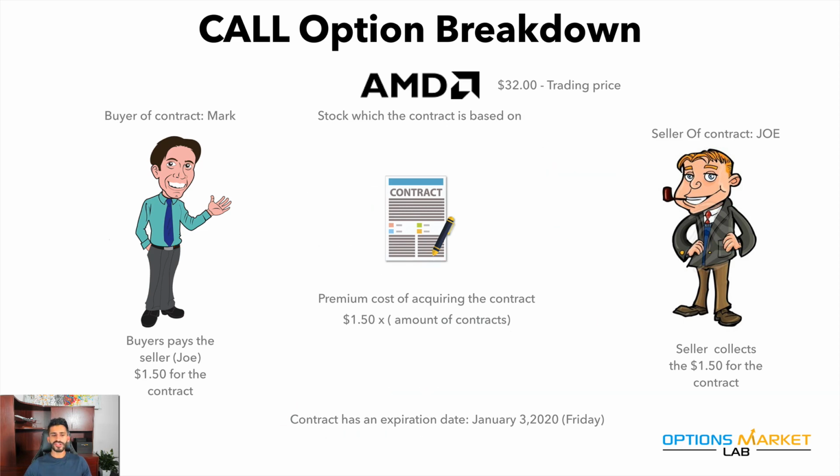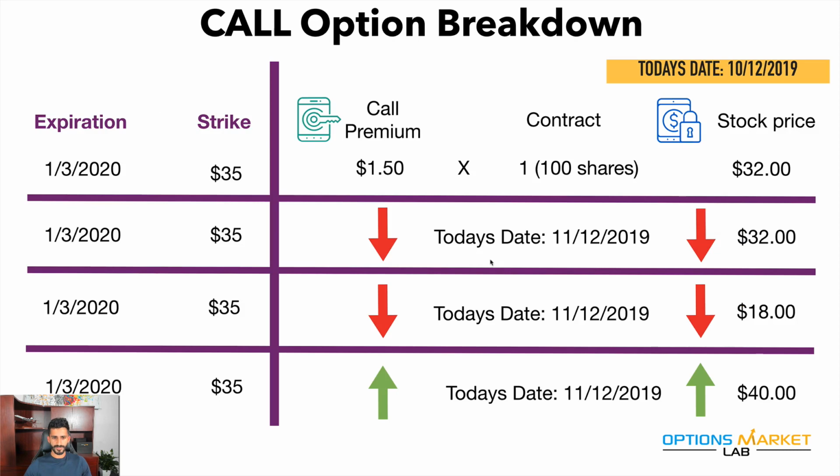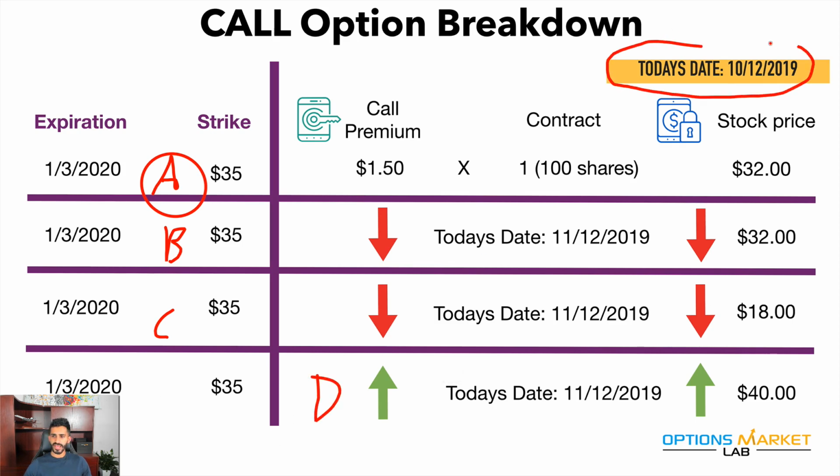Right. So now let's look at all of the scenarios. Now in scenario A, this is scenario A, we got scenario B, C, and D. Okay, now let's break down each scenario right here. Now today is, let's say, October 12th, 2019.